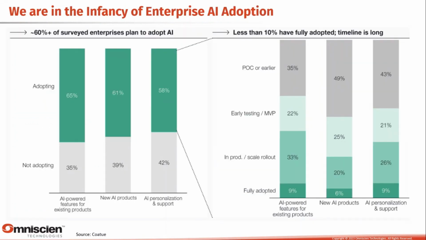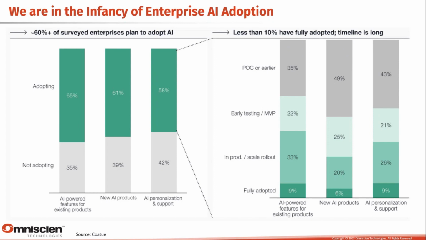Then we look at adoption in the enterprise. Well, a lot of them say they're adopting for things like AI-powered features for existing products. And that's not too big a stretch. New AI products, there's so many, and some of them are rather silly, some of them are rather smart. Personalization and support is a big one. Most are still in the very, very early stages.